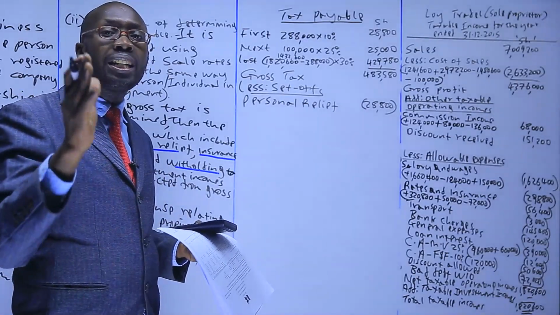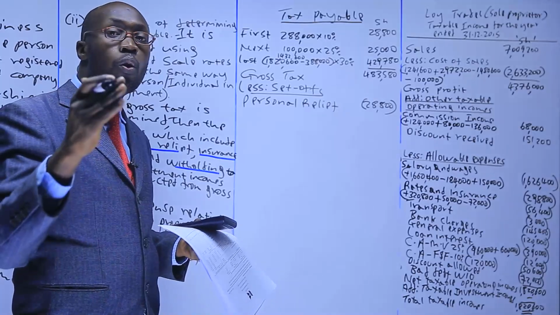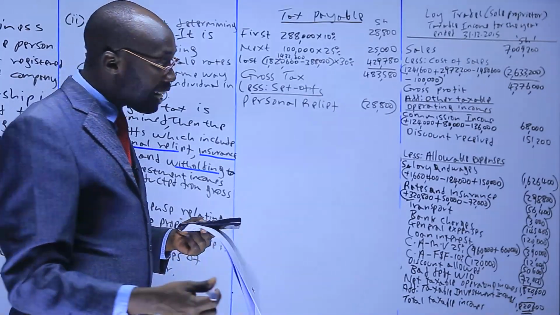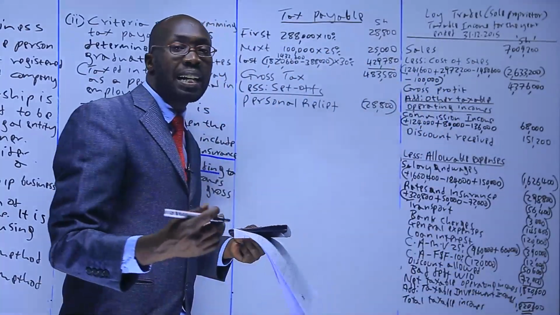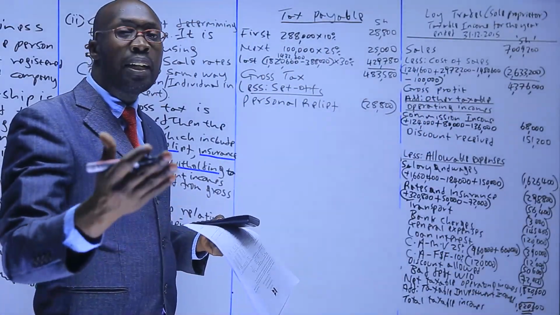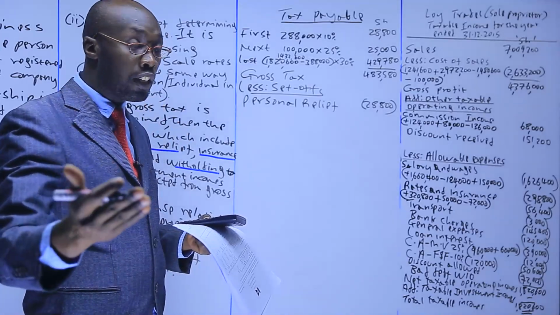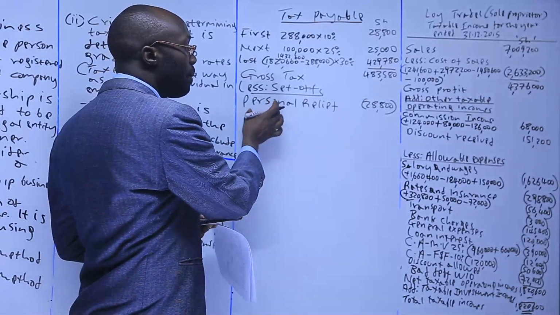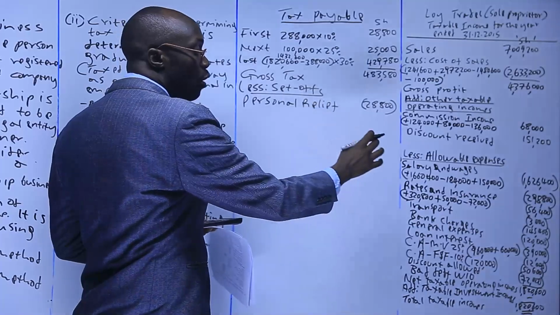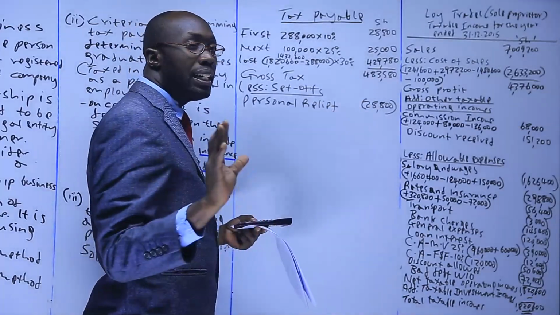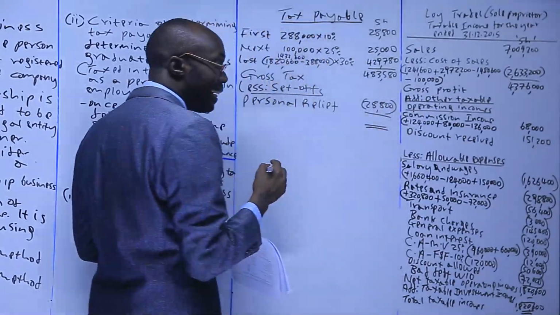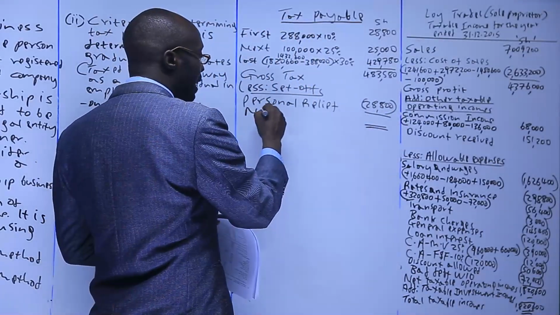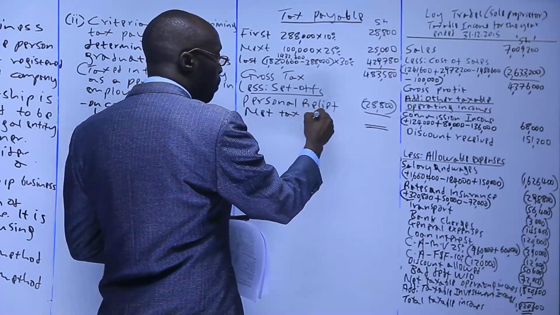The other one is withholding tax on investment income, which is not final. That means that you have to look at the investment income you have added here. If you had added something like non-qualifying dividend, remember there is a withholding tax of 15%. You'll come and say investment income, withholding tax 15% of the gross to remove it. But we didn't have. So for now, the only set off we have is the 28,800, and this will give us the net tax payable.